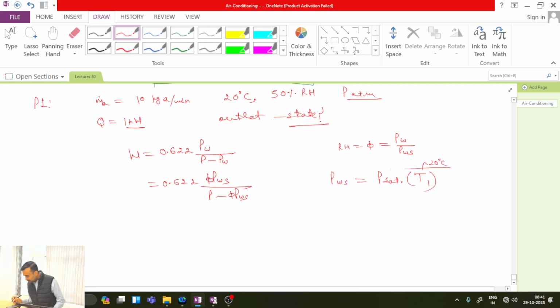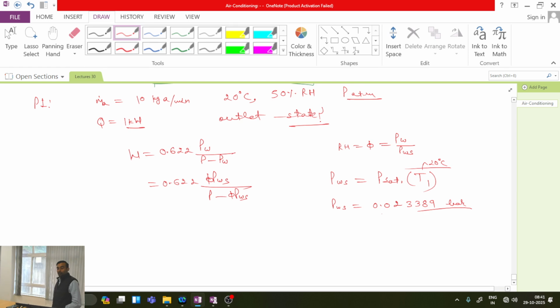So how much is PWS? From the steam table, you will get PWS as 0.023389 bar.